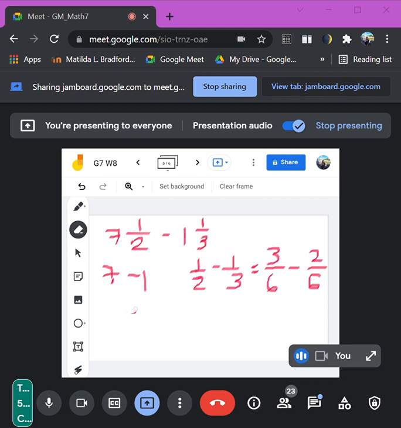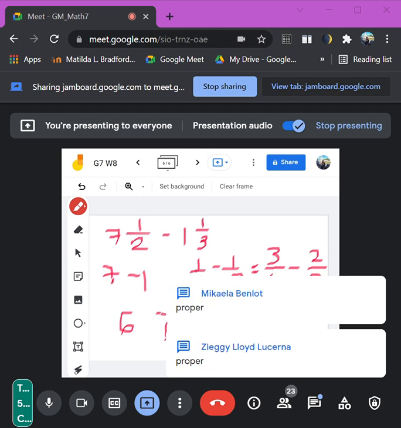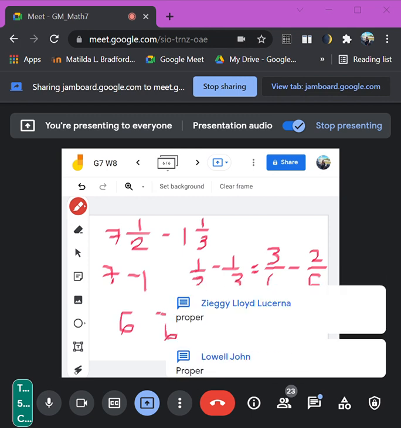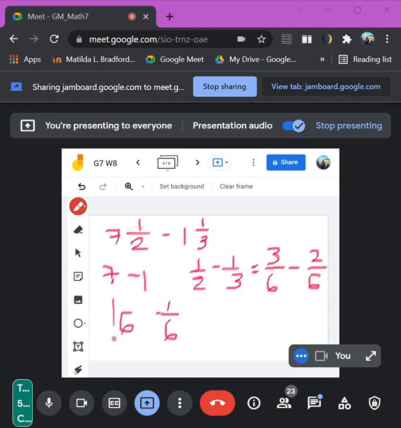So, our 1/6, is it proper or improper? Proper. Okay, that is proper because its numerator is small. Earlier, it was improper because the numerator was big. If the answer earlier was improper, then that is your final answer.